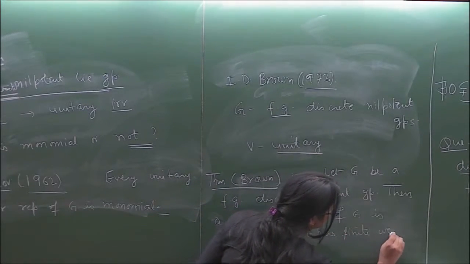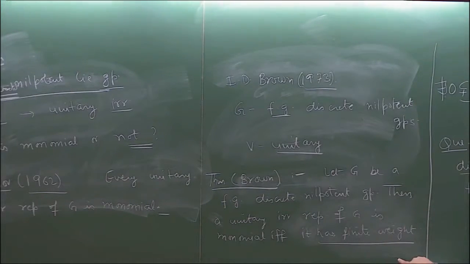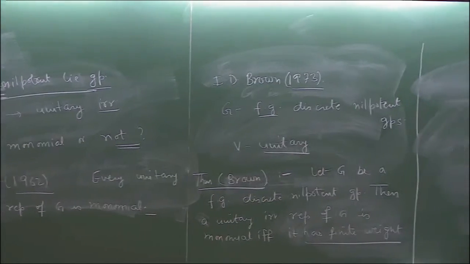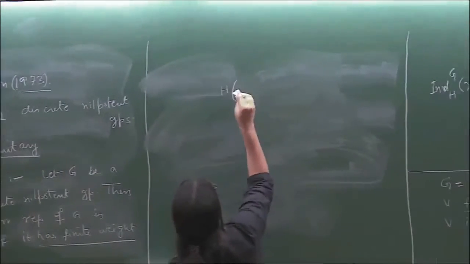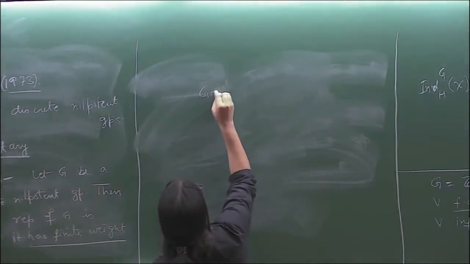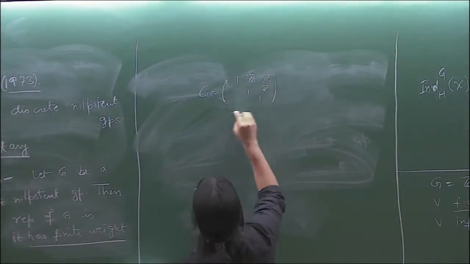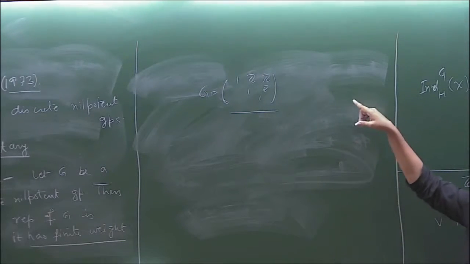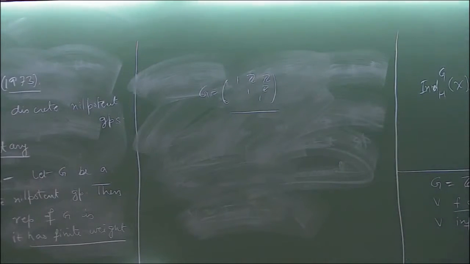So he was the one who gave this condition, finite weight, and he actually constructed a counterexample for these groups. He gave a unitary irreducible representation which was not monomial. He was looking at these, but here was assuming the unitary condition.